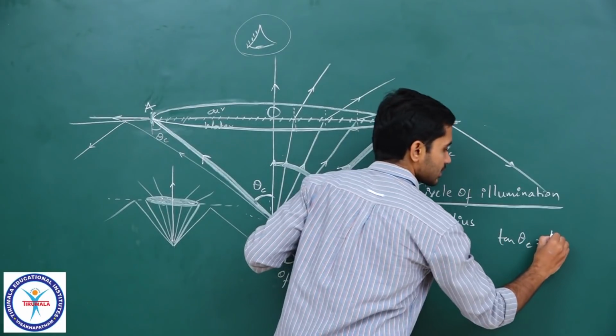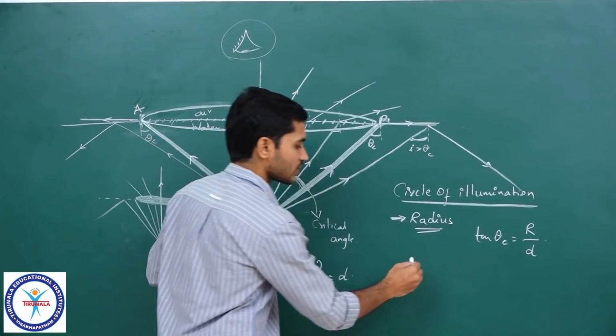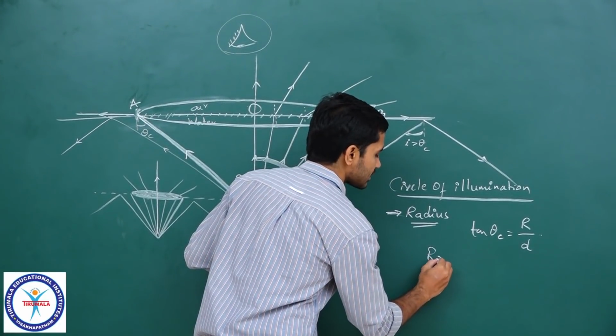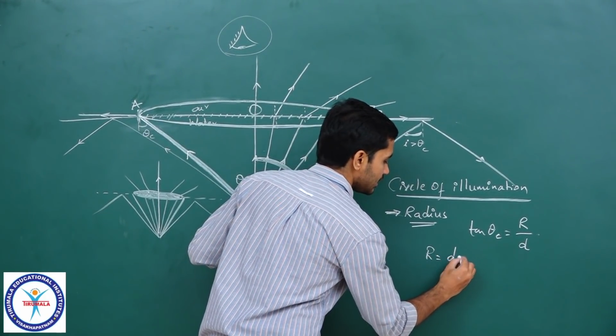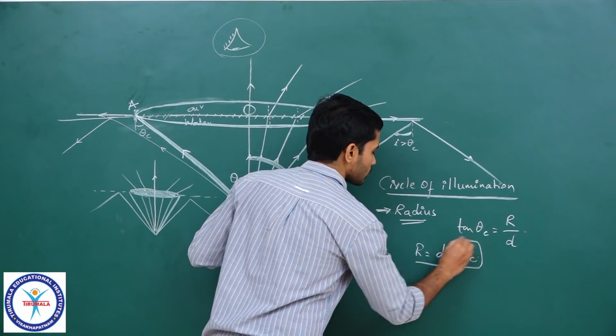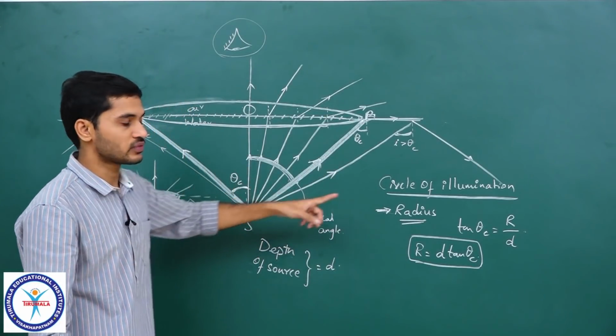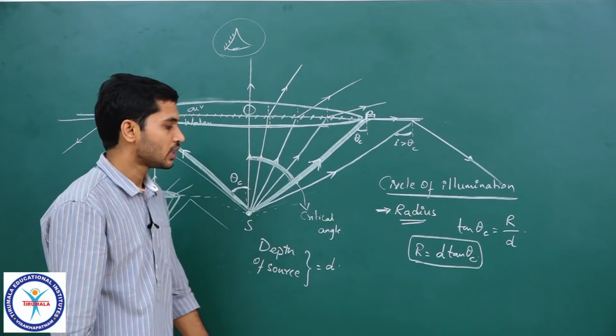So, radius by depth. So, from this I will directly get the value of radius as d tan theta c. So, that would be the expression for the radius of the circle of illumination, clear.